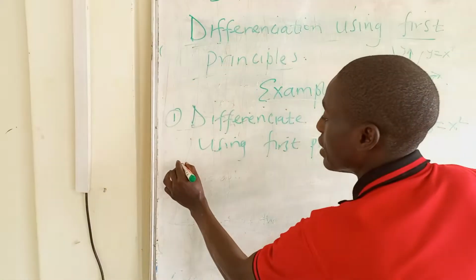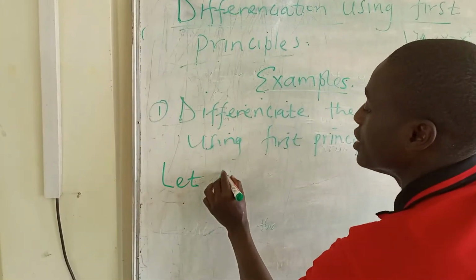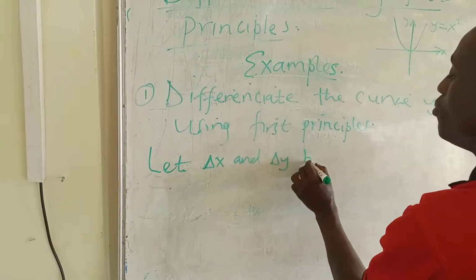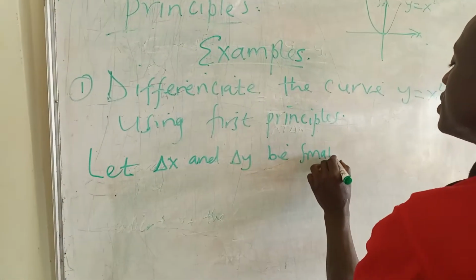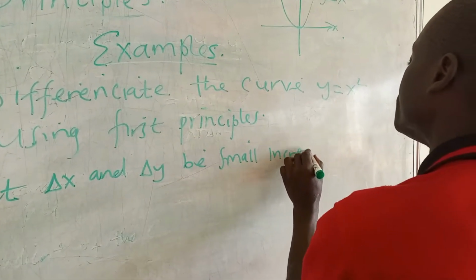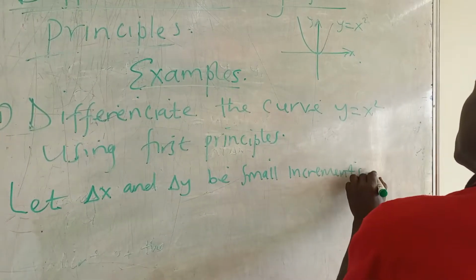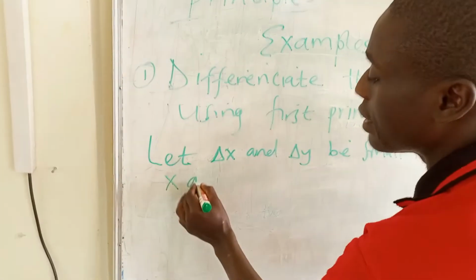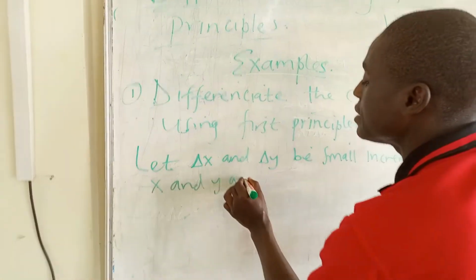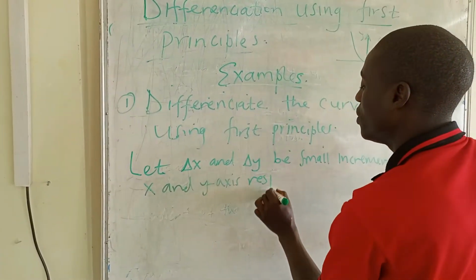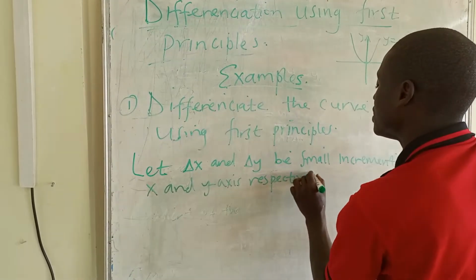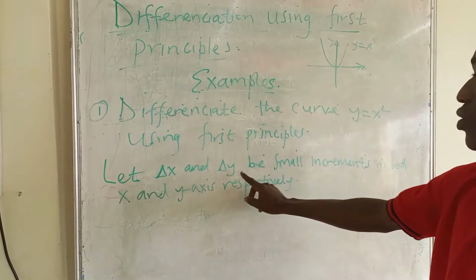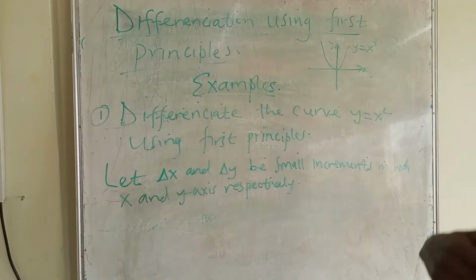We let the small change in x and small change in y be small increments in both x and y axis respectively. So I relate this one to be small change in x and this one to be small change in y respectively.